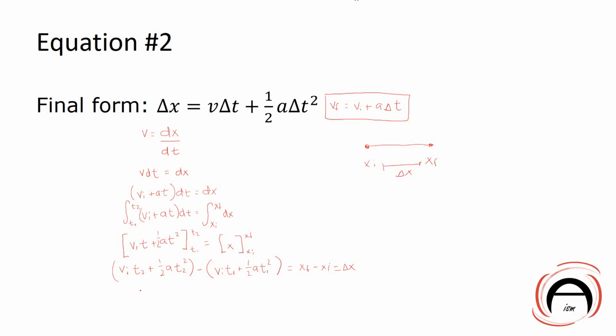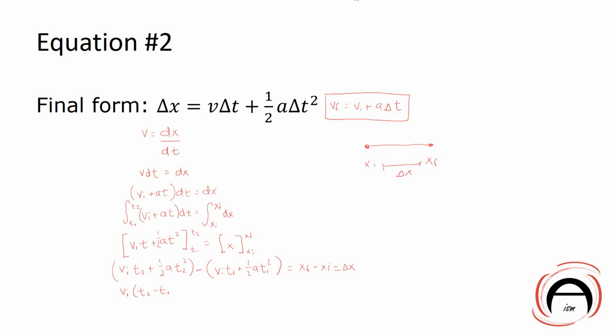So what you're going to have here then, you're going to see that there are a lot of similar terms, because you have your vi, which you know for sure. So that's going to stay the same for everything, and your 1/2 times a. So the only thing that's different is going to be your t2 and your t1. So using the property of distribution, you're just going to rewrite this as vi times t2 minus t1.